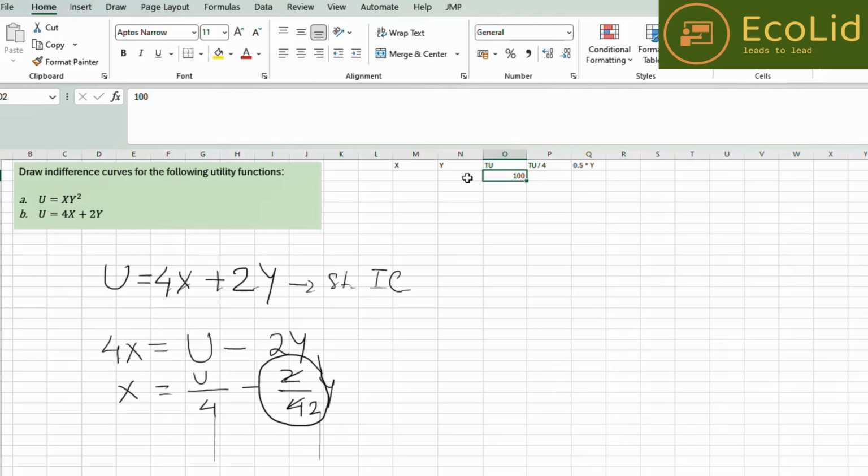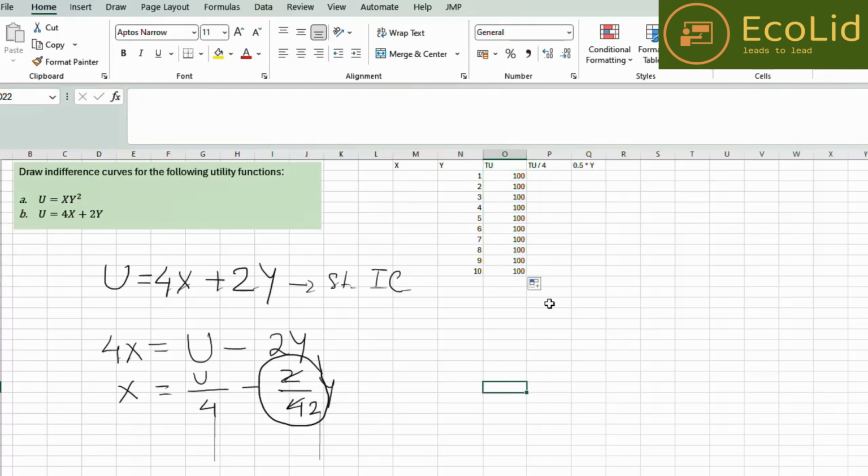Now let us consider commodity-wise quantities from 1 to 10. So 1, 2, then we will drag and drop till 10. So now we have the values of the quantities of commodity y, and for all commodity combinations we will have the same total utility.